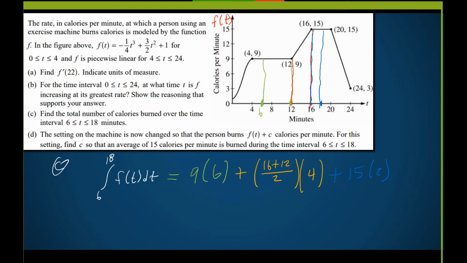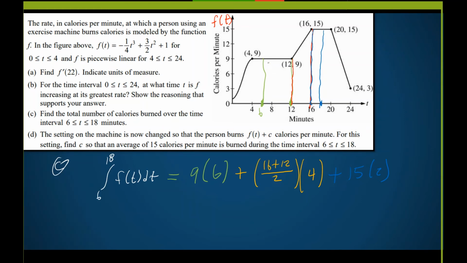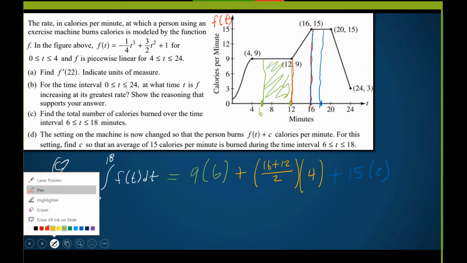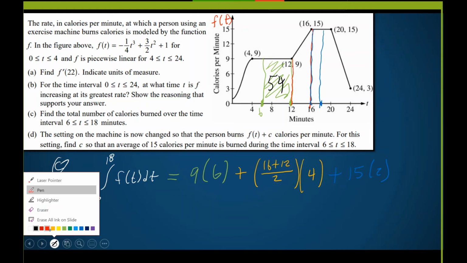Our first area in green is how much? 54. Okay.